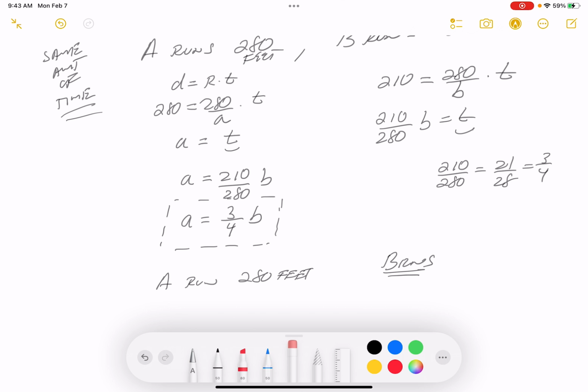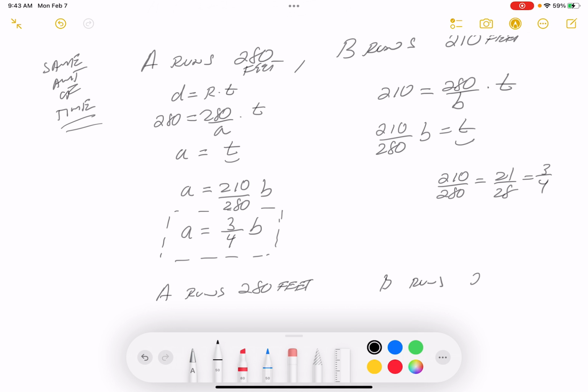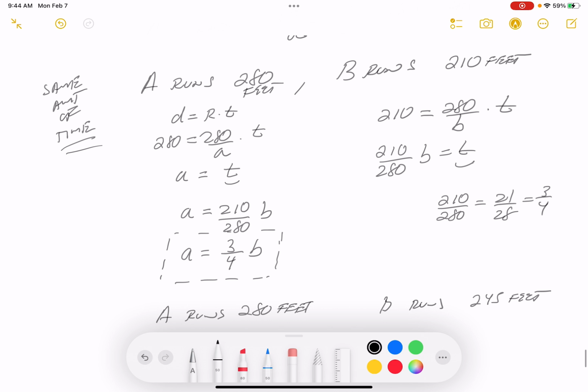You know what, that doesn't look very neat there, does it? So B is given a head start of 35 feet now, right? So that's going to be 245 now. So he runs 245 feet. This looks like the same story over and over again, doesn't it? So A runs 280 feet, B runs 245 feet.